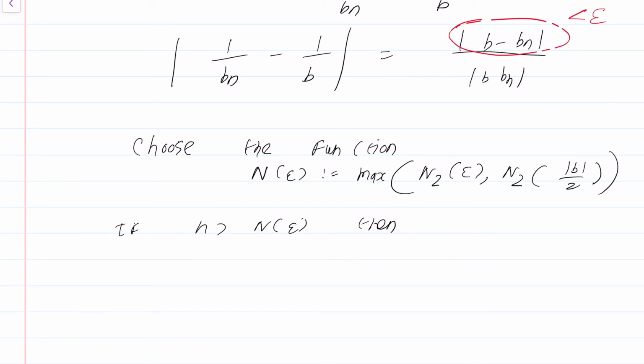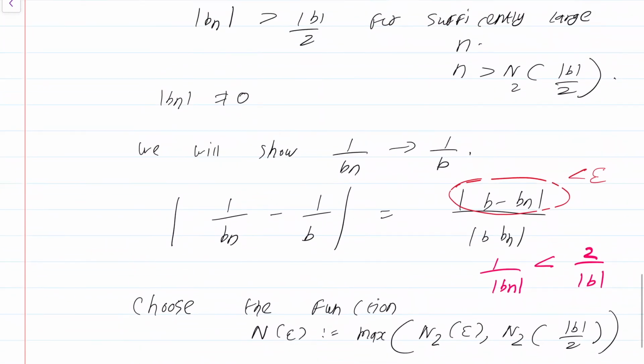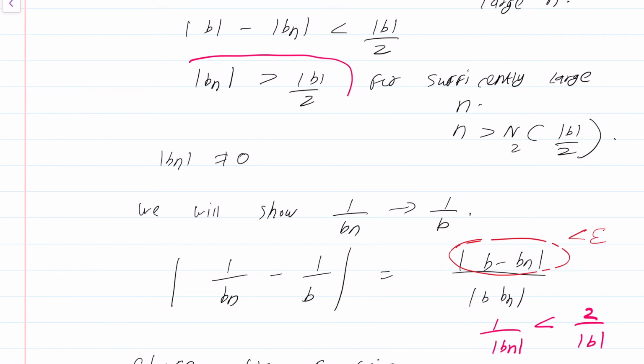1 by mod Bn will be less than 2 by mod B. Why is this the case? Because by our choice of capital N of epsilon being max of N2 of epsilon comma N2 of mod B by 2, we have already seen that mod Bn will have to be greater than mod B by 2.